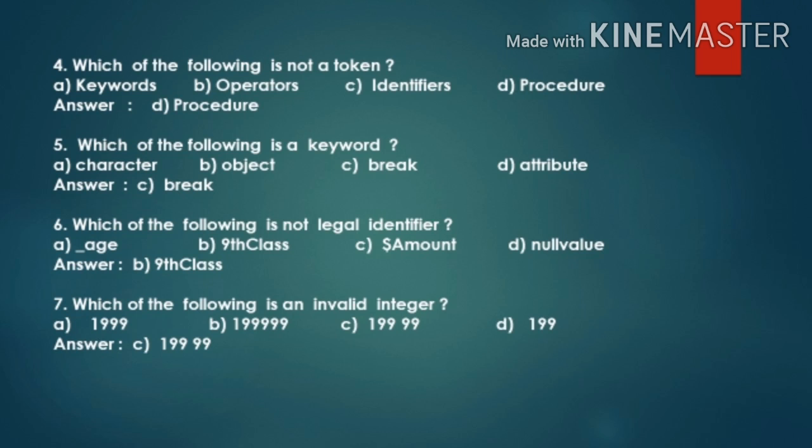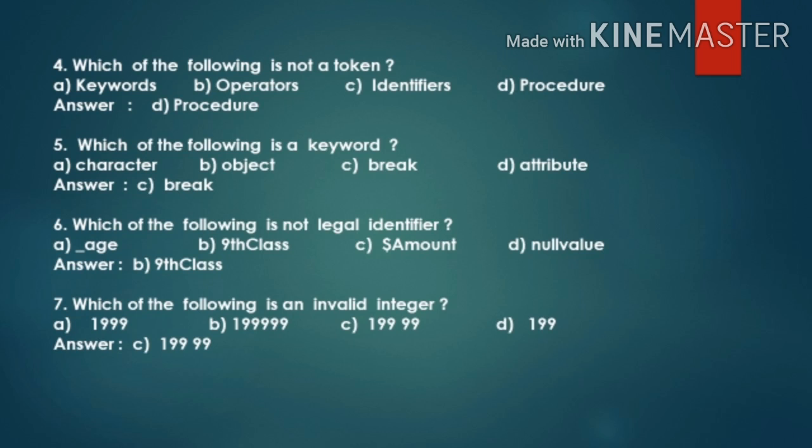Question number 7. Which of the following is an invalid integer? The options are A. 1999. B. 1,19,999.